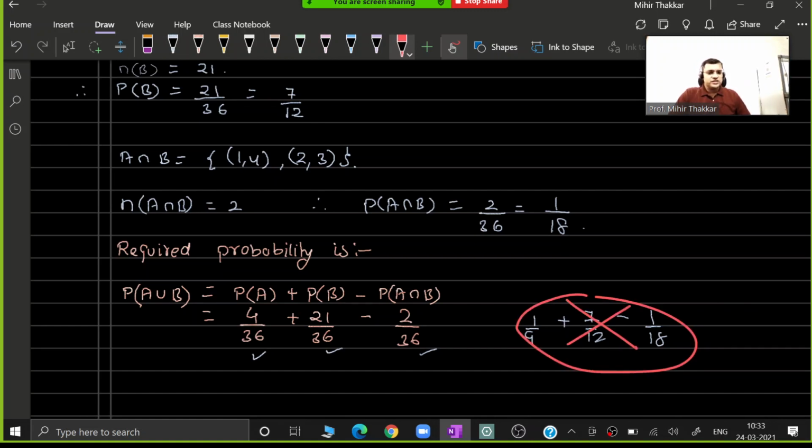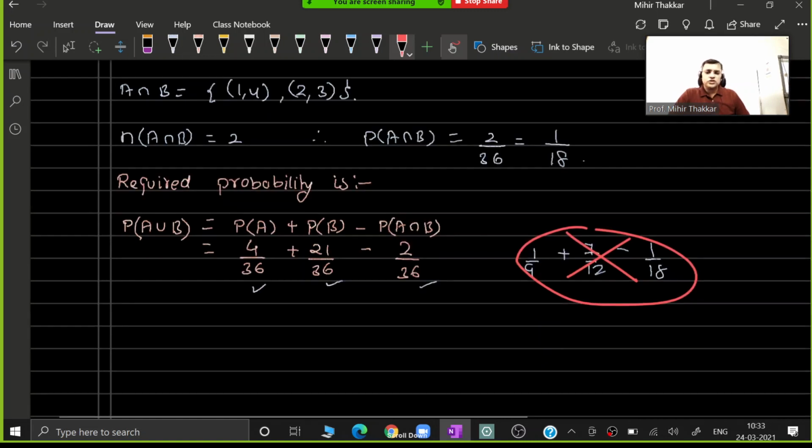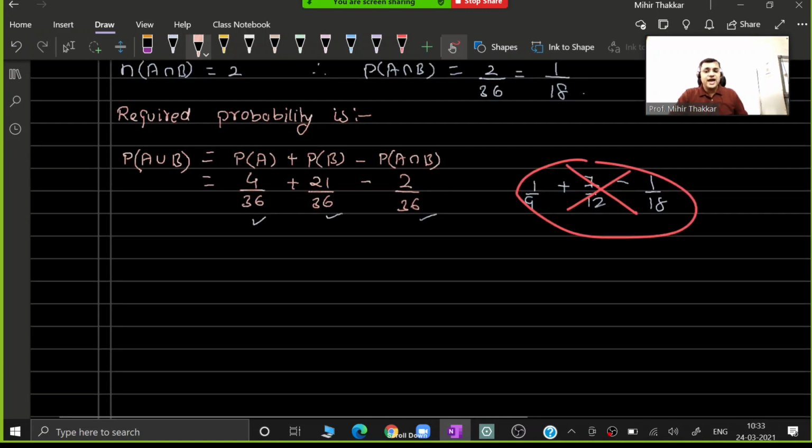So do not use this kind of numbers. Always go for the original value which has got the common denominator. We will never make any error in that kind of sums. So because the denominators are same, I can directly add the numerators by saying that 4 and 21 is 25, minus 2 is 23. So there goes your answer. 23 by 36 is equal to probability of A union B. As simple as that.